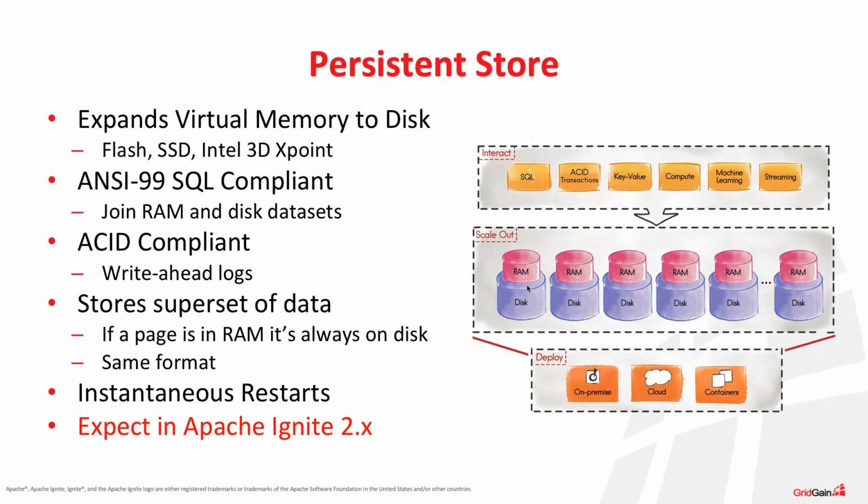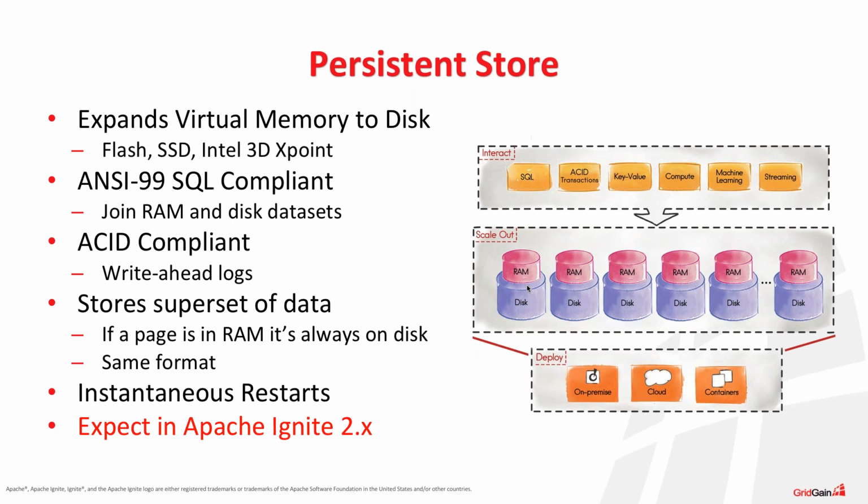In addition to the advanced SQL capabilities, because with this architecture you are able to execute SQL queries over the data that is both in RAM and on disk, you can also achieve so-called instantaneous restarts of your cluster. Meaning that if for some reason your whole cluster went down, you don't need to warm up all your RAM once your nodes are up and running.